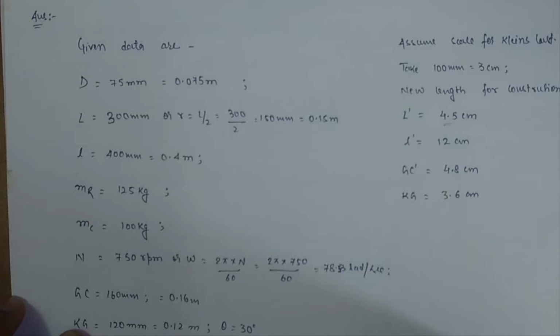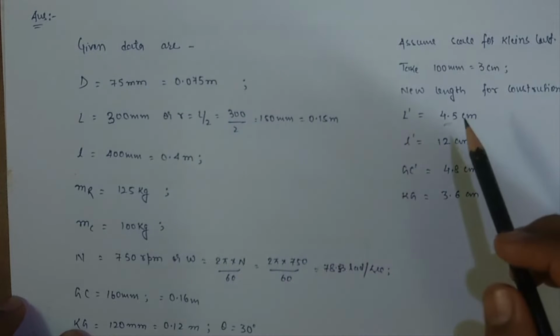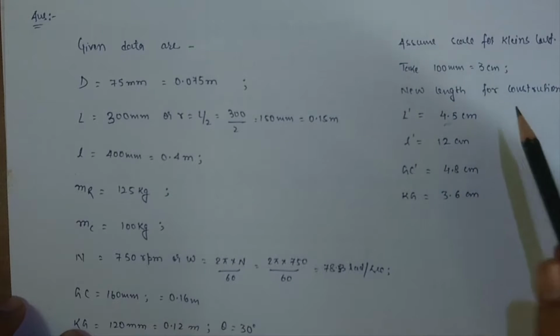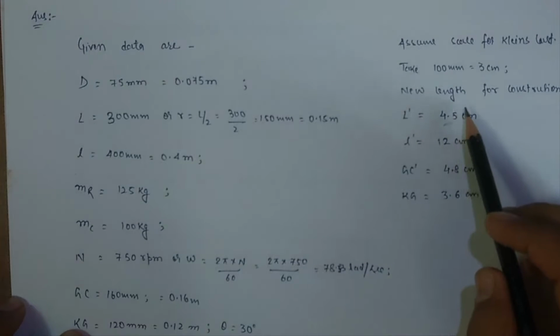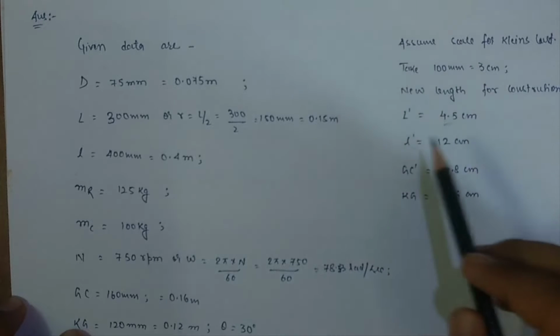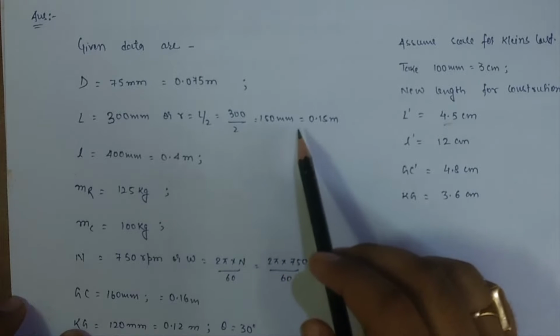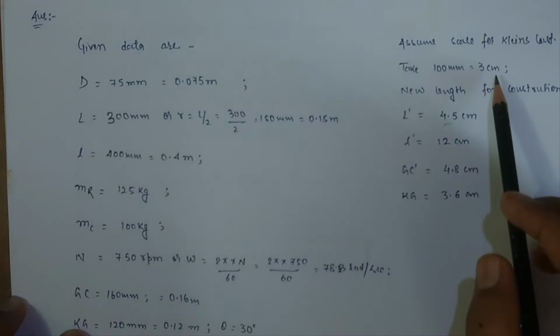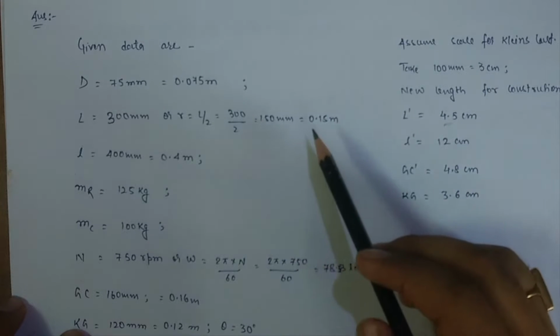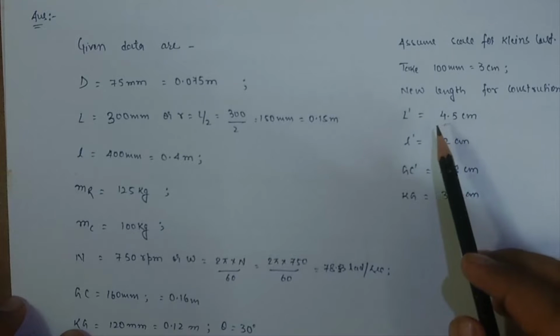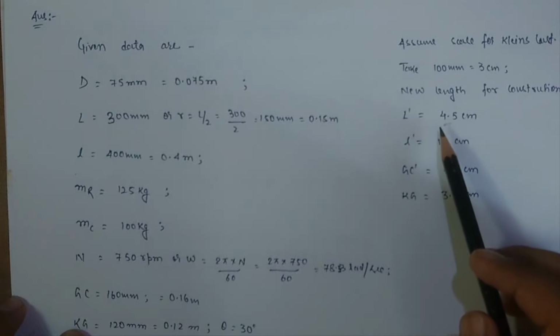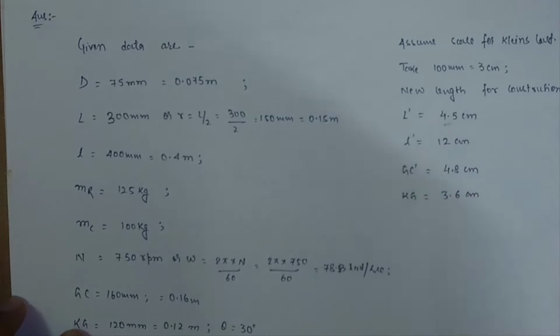Now to construct Klein's acceleration diagram we have to take a suitable scale. Here I am taking 100 mm as 3 cm. So the new length for construction, L dash, will become 4.5 cm, as the crank is 150 mm: for 100 it is 3 cm and for the remaining 50 it is 1.5, so L dash is 4.5 cm.